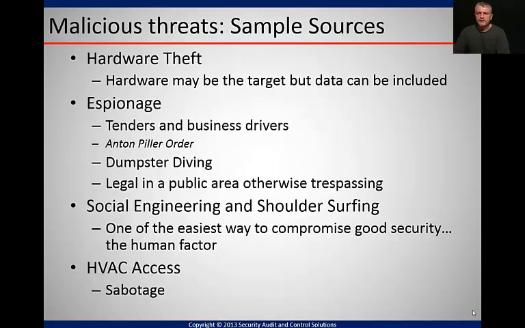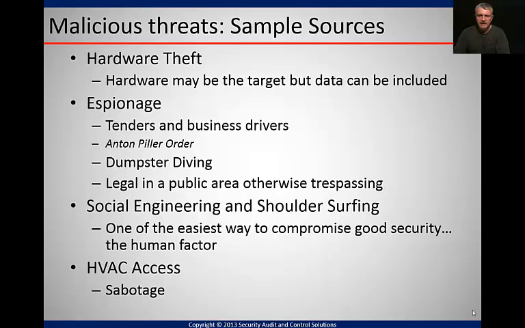Now, other malicious threats include sources such as hardware theft. Hardware may be the target, but the data may be included. There can be espionage, things such as tenders and business drivers. You've seen them in the legal and investigation section, such things as the Anton Piller order.